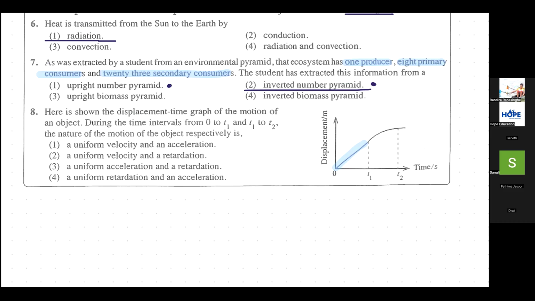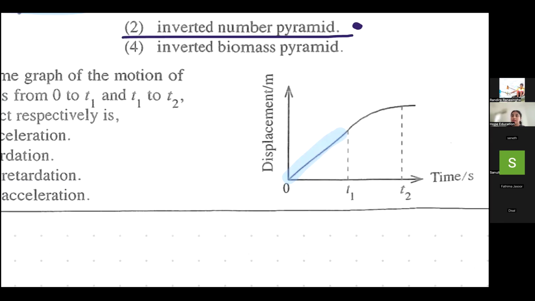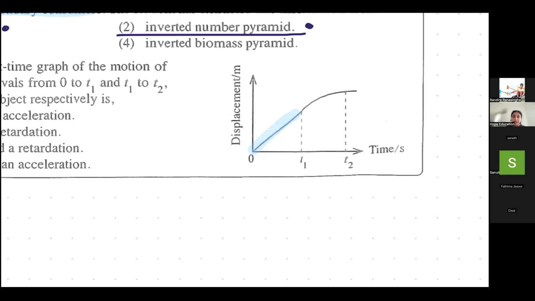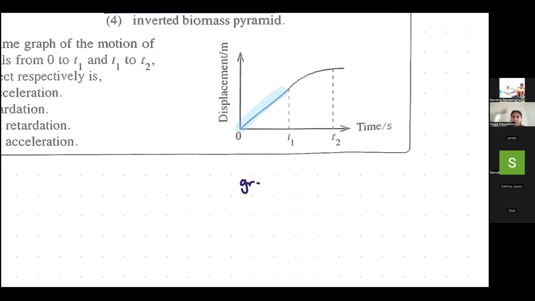What happens here? Now this is a displacement time graph. In a displacement time graph, from the gradient, we always get velocity.